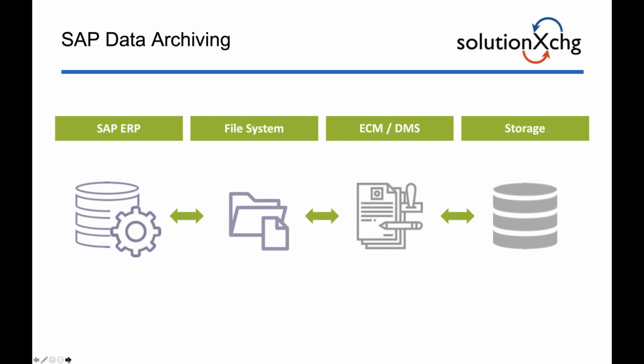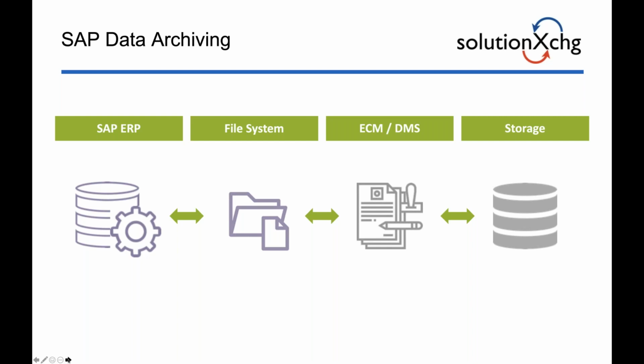And from there on, the actual file gets then stored on a storage solution. That can be another regular file system, that can be a write once, read many compliant storage architecture in the back end. That is depending on how you set up your infrastructure here.